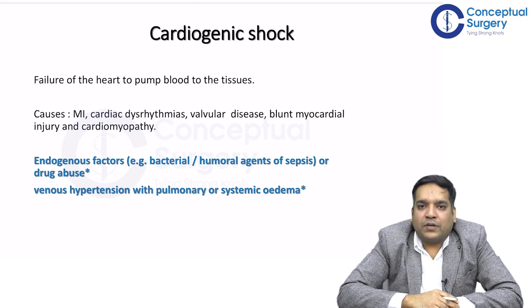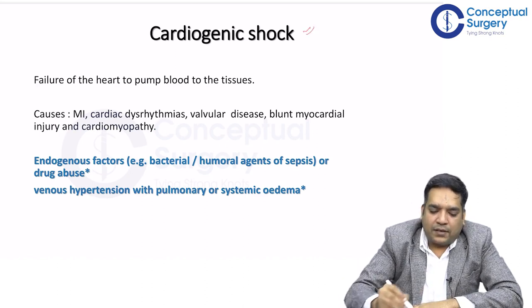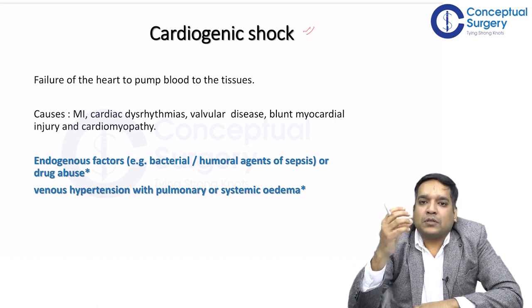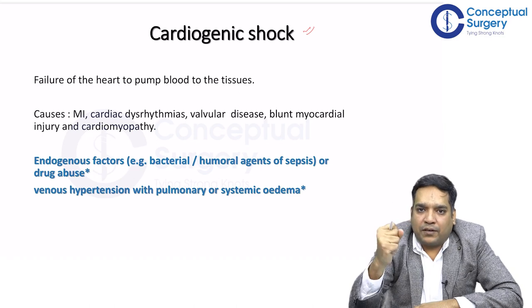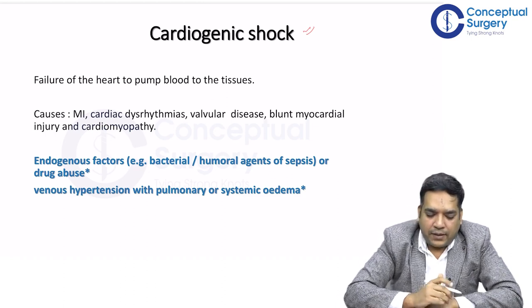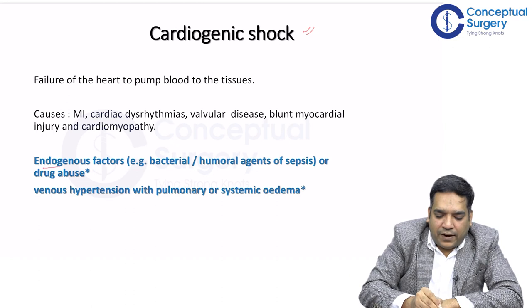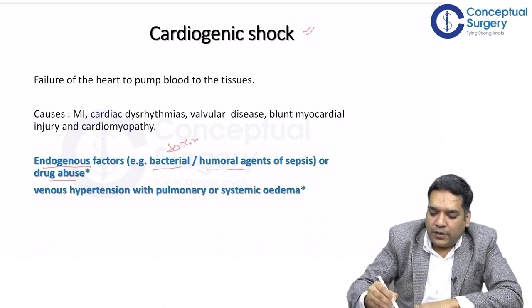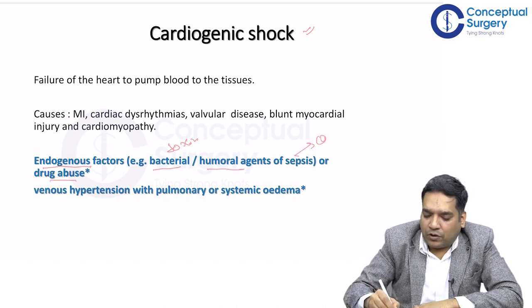So now, what is cardiogenic shock? It is the failure of the heart to pump blood to the tissue. So the problem is happening at the level of the heart, right? Causes are MI, cardiac dysrhythmias, valvular disease, blunt myocardial injury, and cardiomyopathy. In the case of sepsis, endogenous factors like bacterial toxins and humoral agents, or drug abuse, can also damage the heart and lead to cardiogenic shock.